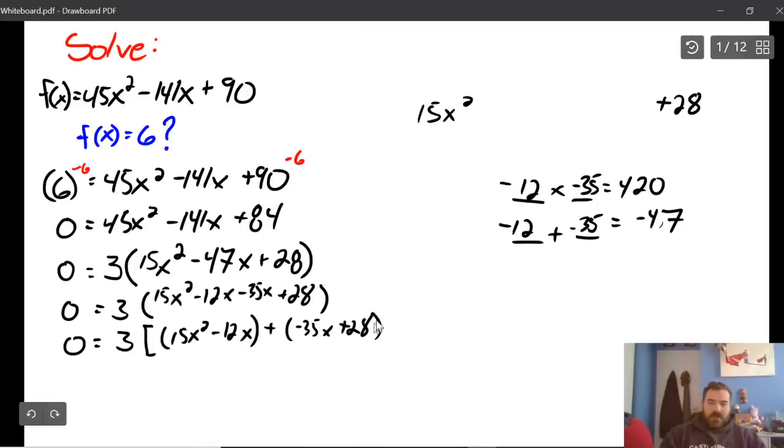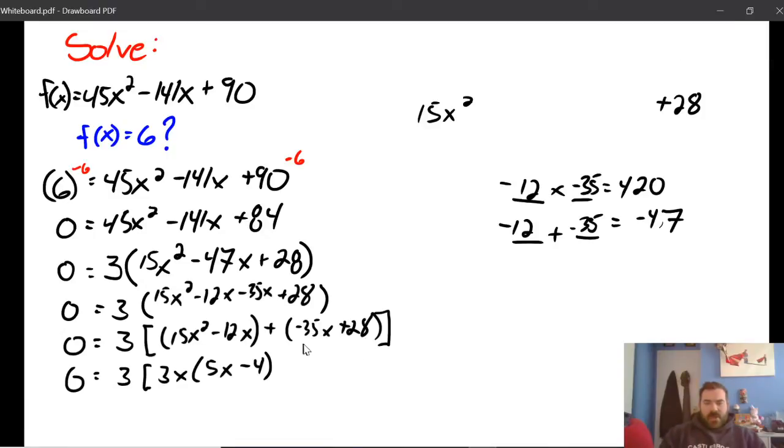There we go. 0 is equal to 3, and I'm going to factor out what I can out of both. So this is going to be 3x, and I'm left with 5x minus 4. And then out of here, I'm going to factor out 35, and so this was 3x, and out of here, I'm going to have 7, negative 7.